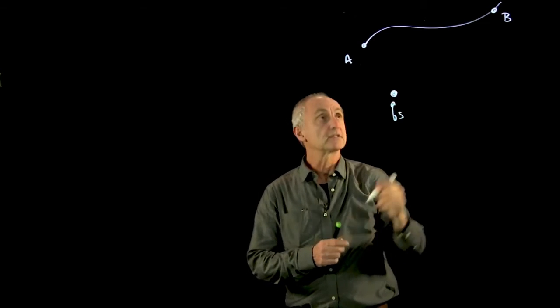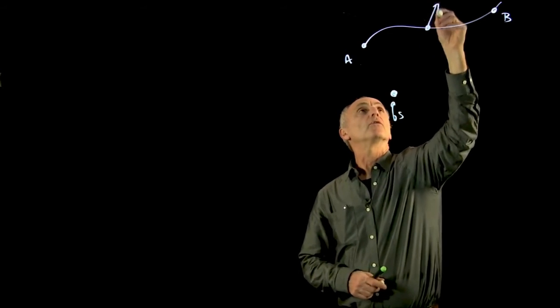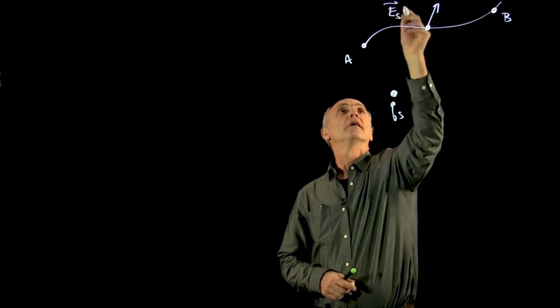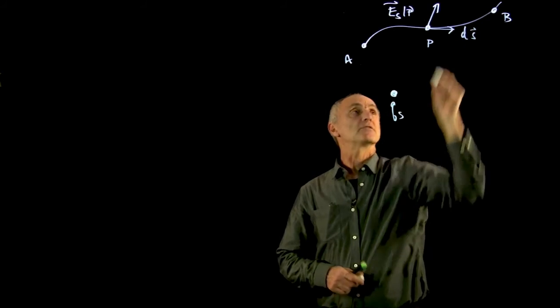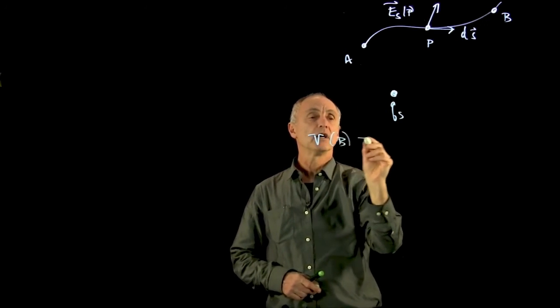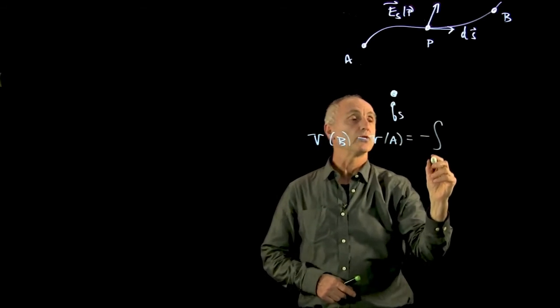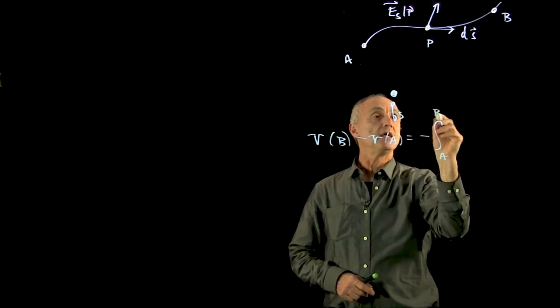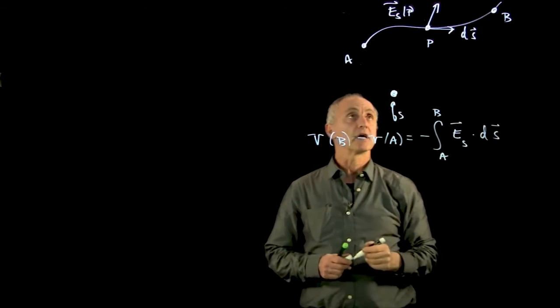And I'd like to consider some arbitrary point on that path where our electric field, here I'm imagining that the electric field is positive, and I have a little ds. And our definition for potential difference between these 2 points is equal to minus the integral from A to B of the electric field of this source dotted into ds.